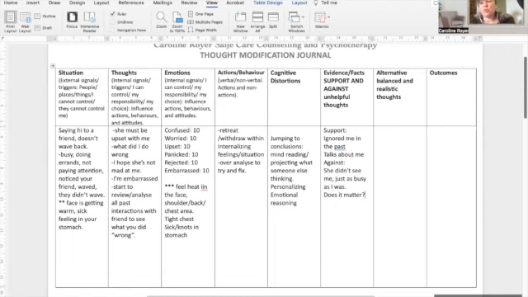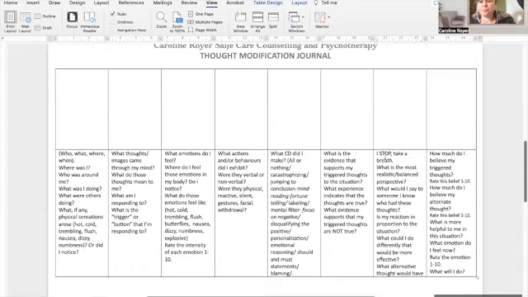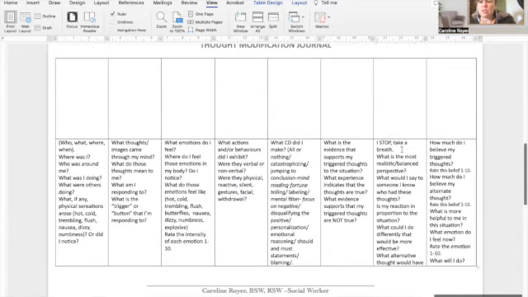So then we look at, okay, what alternative, balanced, realistic thought can I have? So in this situation, again, we stop, we take a breath. What is the most balanced, realistic perspective for me? What would I say to somebody in the same situation? What would I tell my daughter or my son? What would I tell my best friend?